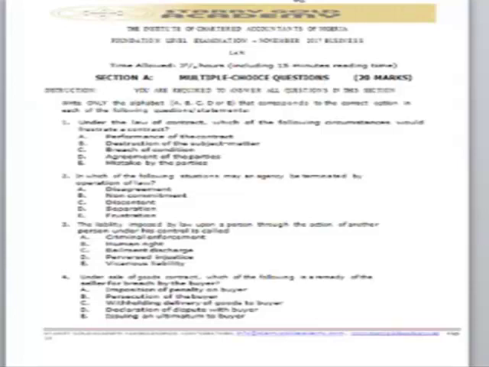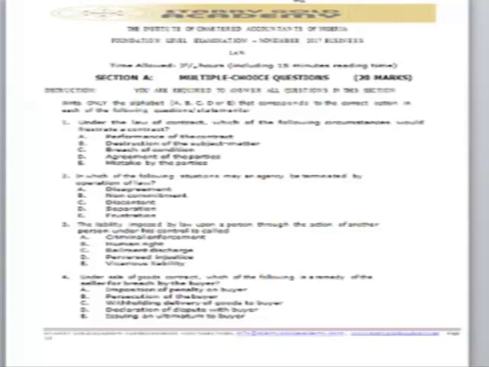Then breach of condition, agreement of the parties, mistake by the parties. When you look at it very well, especially let us look at B, C, E. They are almost the same thing, to frustrate a contract.